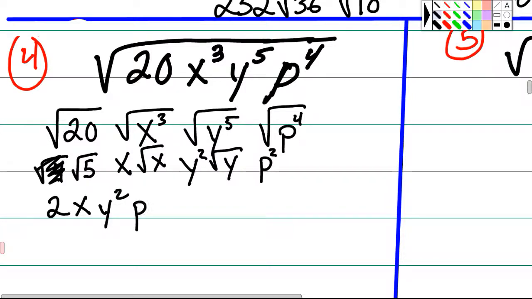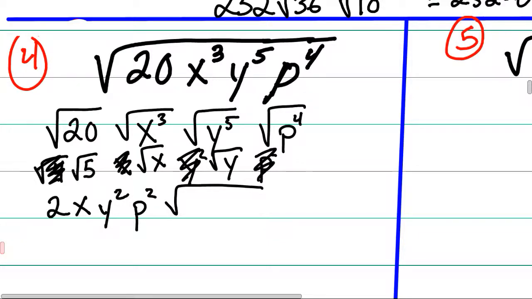Since these are on the outside, I can bring them all together. So I'm done with that, done with that, done with that. What do I got left? Well, it's all the stuff that's under the square root. Remember, I can combine these now since they're all under the same square root. So I got 5 times x times y. This gets me 5 xy. And since I can no longer simplify this, we are done.